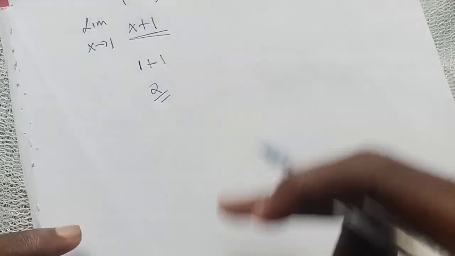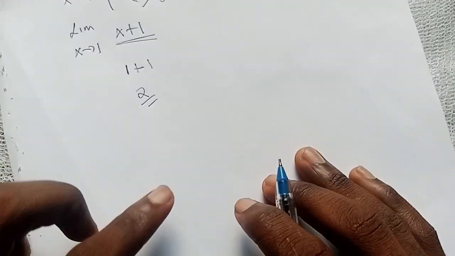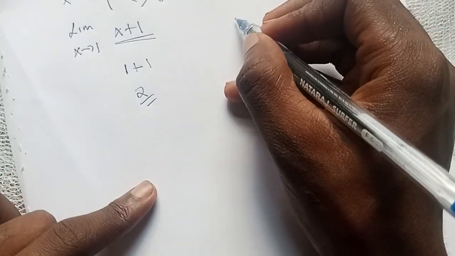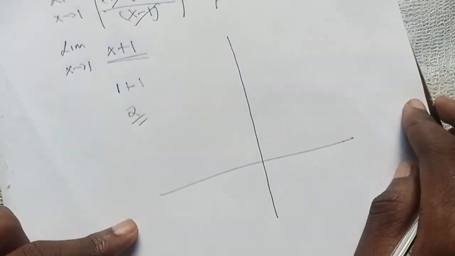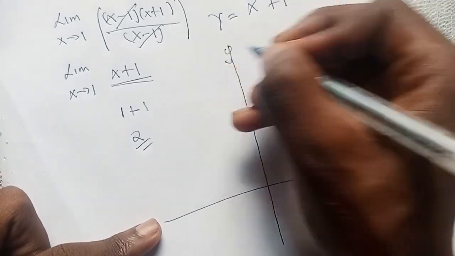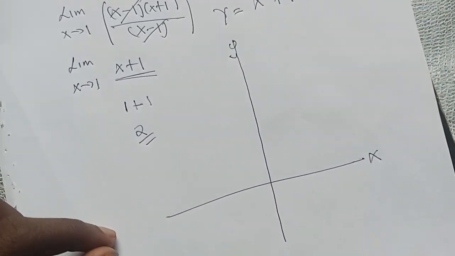So let's try to graph what we have, x plus 1. You just take it as y equal to x plus 1. So you draw your sketch, your Cartesian plane, your xy plane, you have y and you have x, like that.